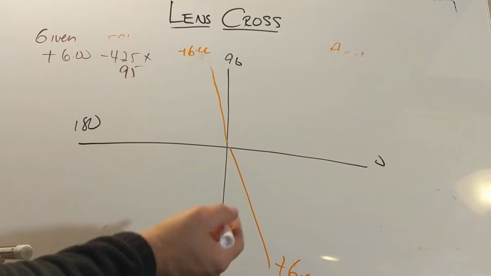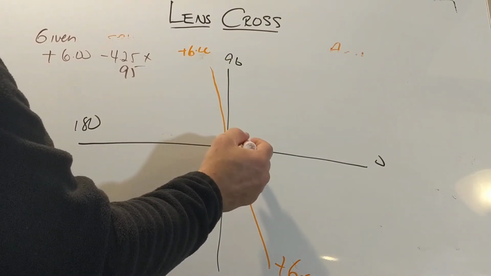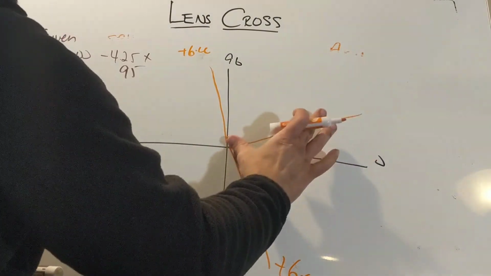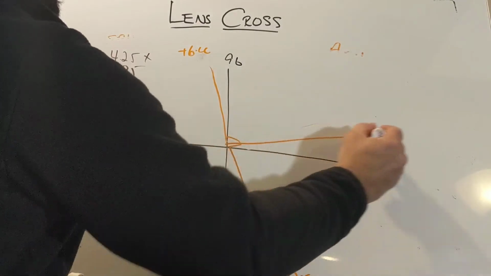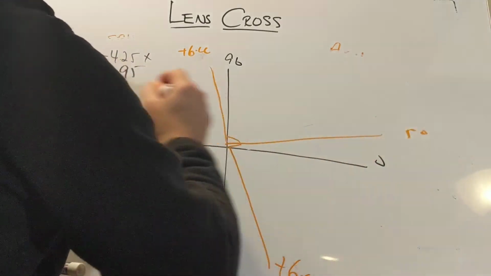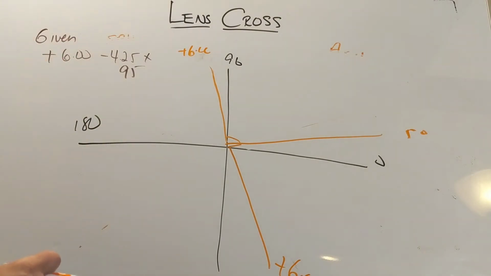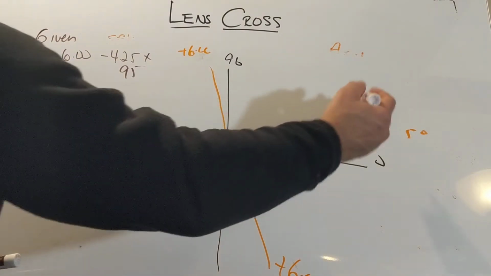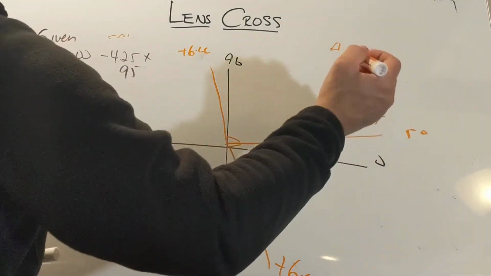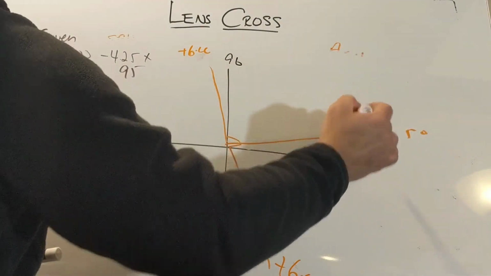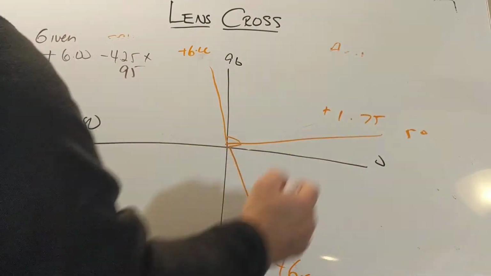And then 90 degrees away, at 5 degrees, it would be the full amount of cyl. A +6 algebraically added to a -4.25 is +1.75, but it's a plus.